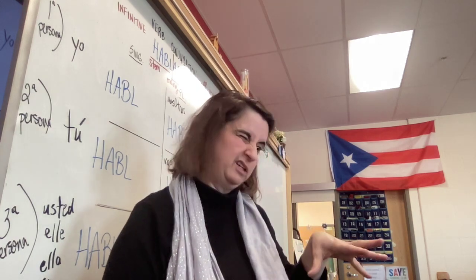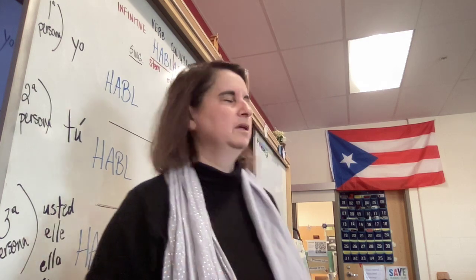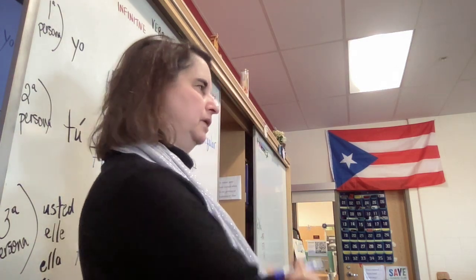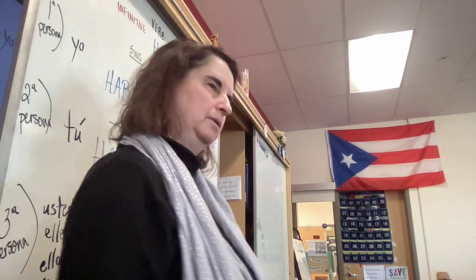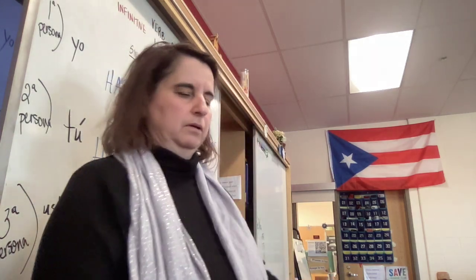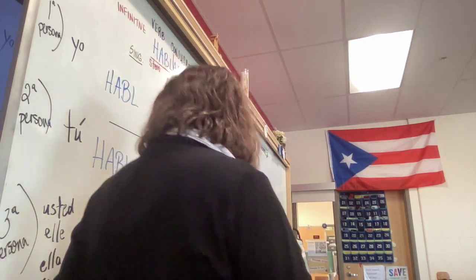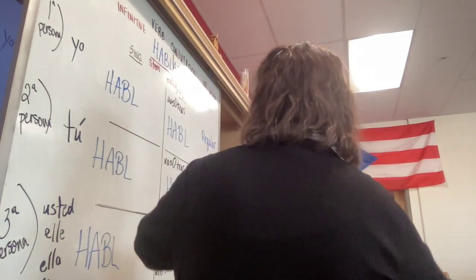Is that an A or is that an E or whatever? Make it nice and clear and big. And that's why I tell you when you do your chart, take up the whole paper, okay? Make it easier on your brain. Okay, so now we're done with that color. I'm going to go back to maroon.